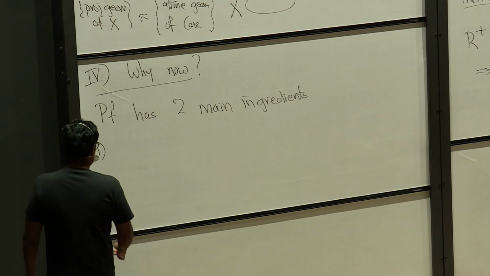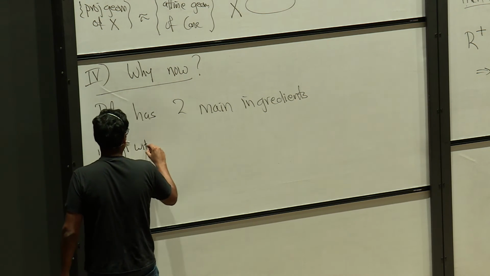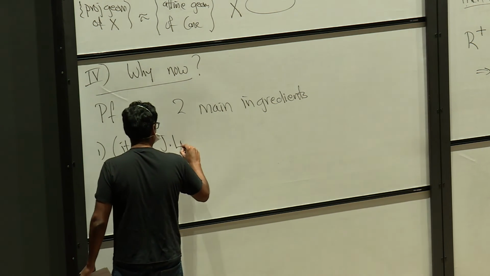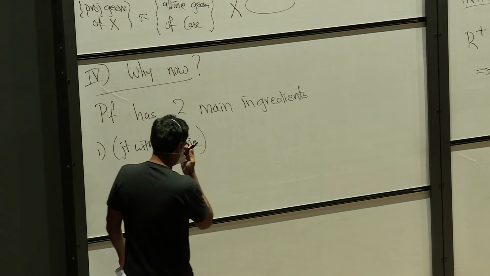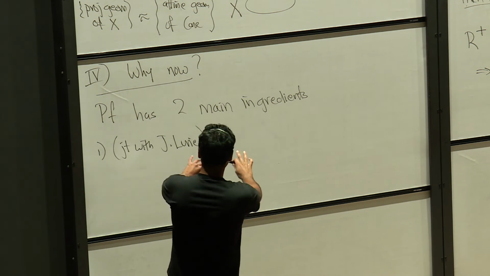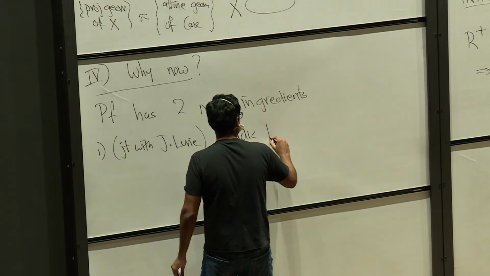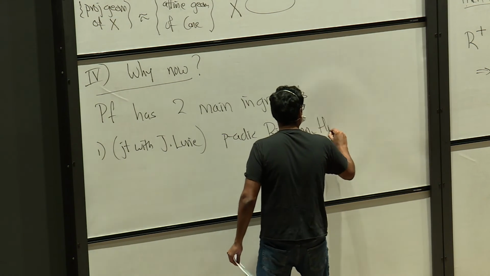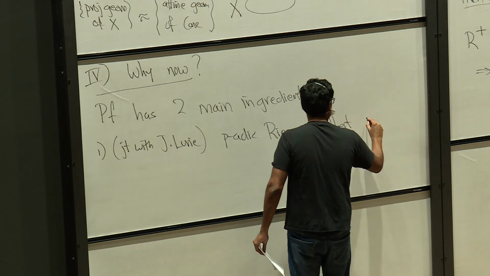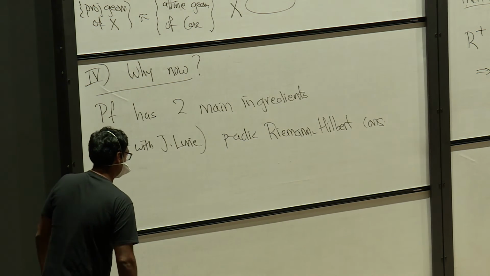So the first is, this is joint with Jacob Lurie, which is a p-adic version of the Riemann-Hilbert correspondence, except it's not quite a correspondence. So it's a p-adic Riemann-Hilbert construction, let's say. And let me say concretely what I'm trying to do here.